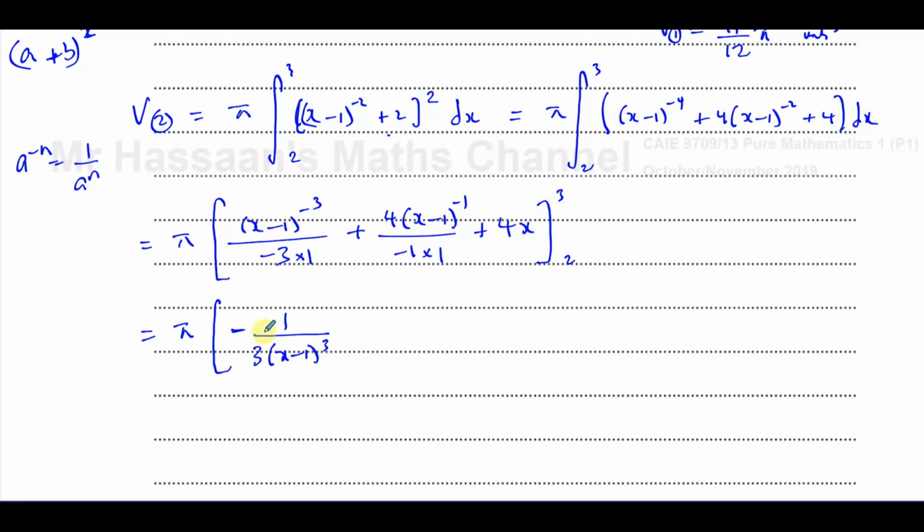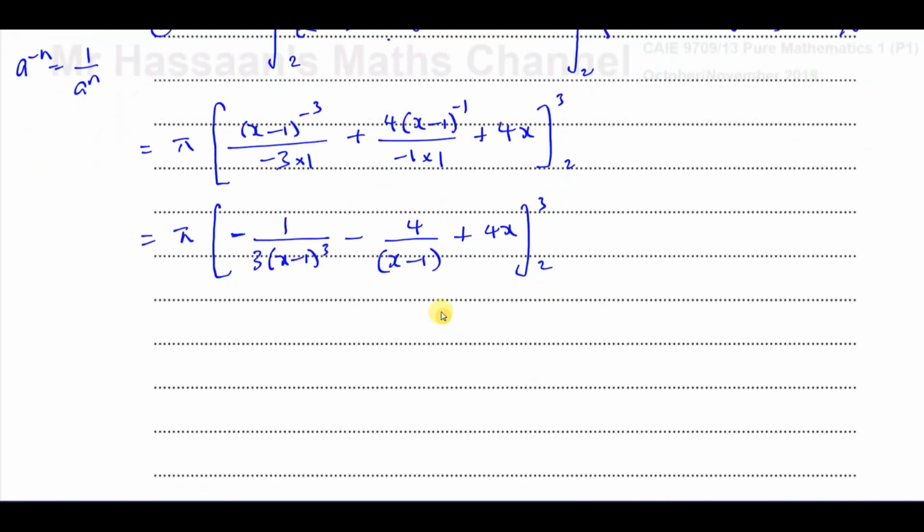That's how that will be written in a more friendly way for substituting values in. And here you've got a negative term, so I'll put minus. And again, here I'm going to have 4 on top, over x minus 1 to the power of 1. So just x minus 1, plus 4x. And then I have my limits of 3 and 2.